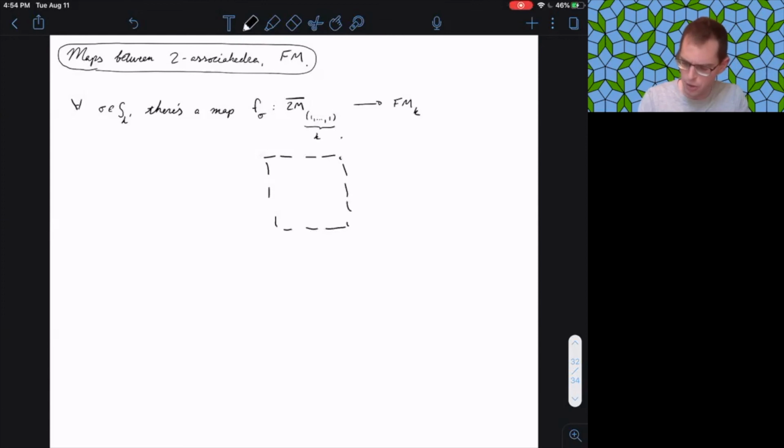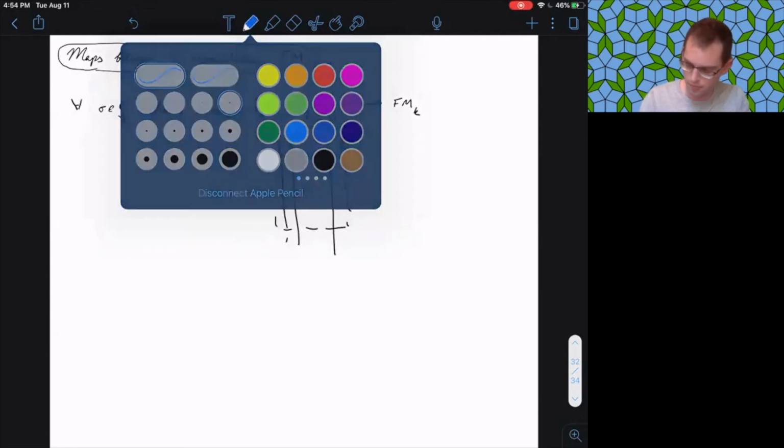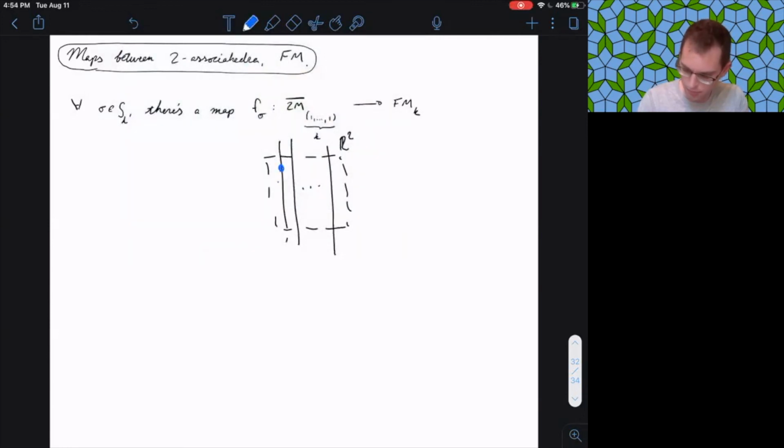So we take R^2 with a bunch of vertical lines, and 1 marked point on each. And we're going to send that into FM_k by just forgetting all of the lines and numbering the marked points from left to right according to sigma.